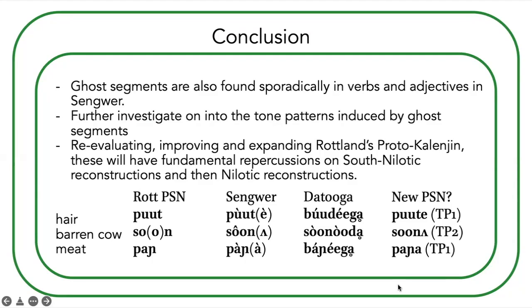Again, I didn't have the non-specific forms. I know that the specific forms are not as good to use as a diagnostic, but I just didn't have them available. But the word for meat, for example, has a vowel at the end. So the vowel should be reconstructed for the Proto-South Nilotic.